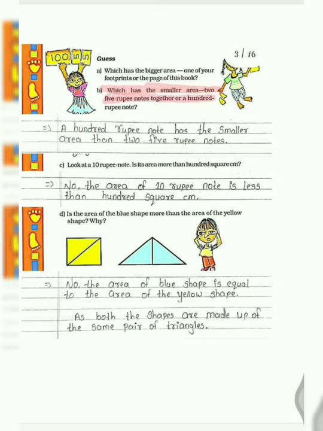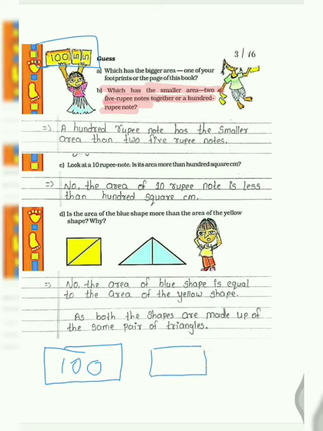2 5 rupee notes together or a 100 rupee note? Again we just have to think. Here it is given which has the smaller area. 2 5 rupee notes together and a 100 rupee note. So practically, suppose this is our 100 rupee note and this is our 5 rupee notes together.